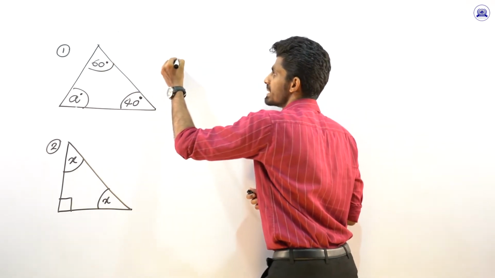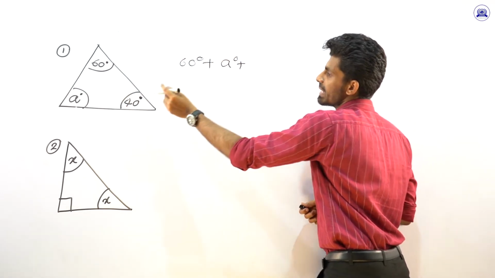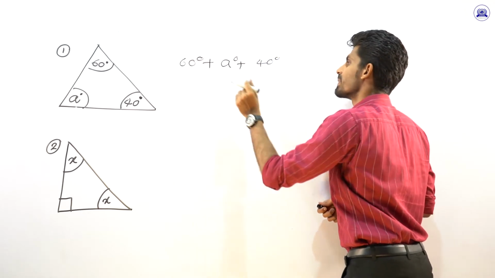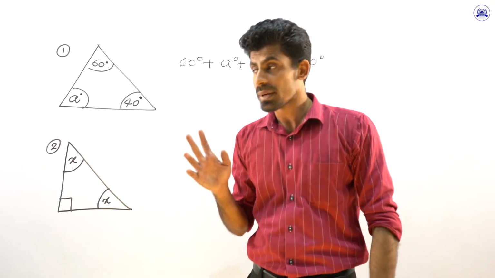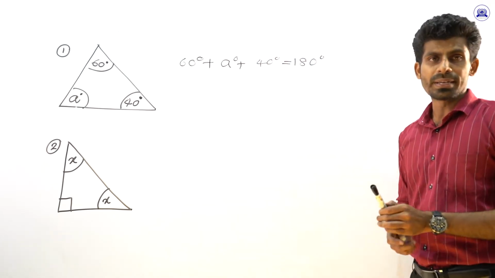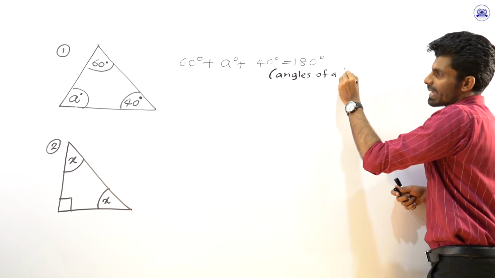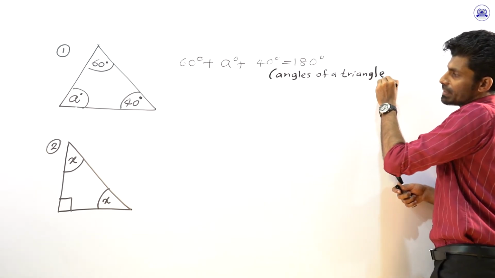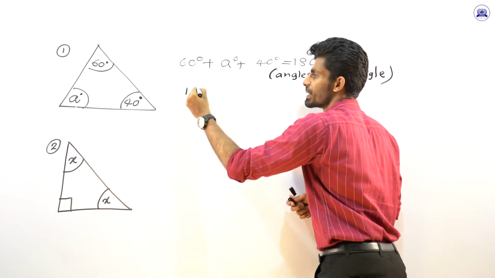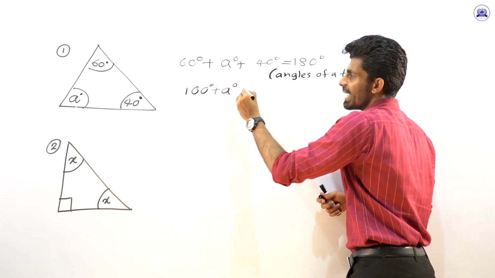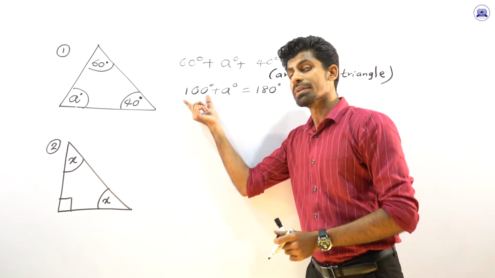Let's go. 60 plus A plus 40 equals 180. You need to mention the reason: angles of a triangle. 60 plus 40 is 100, so 100 plus A equals 180.